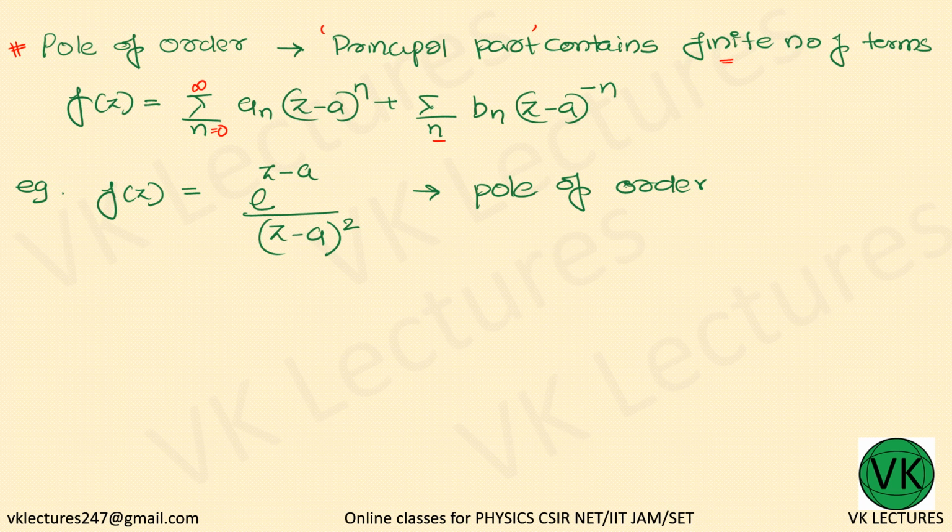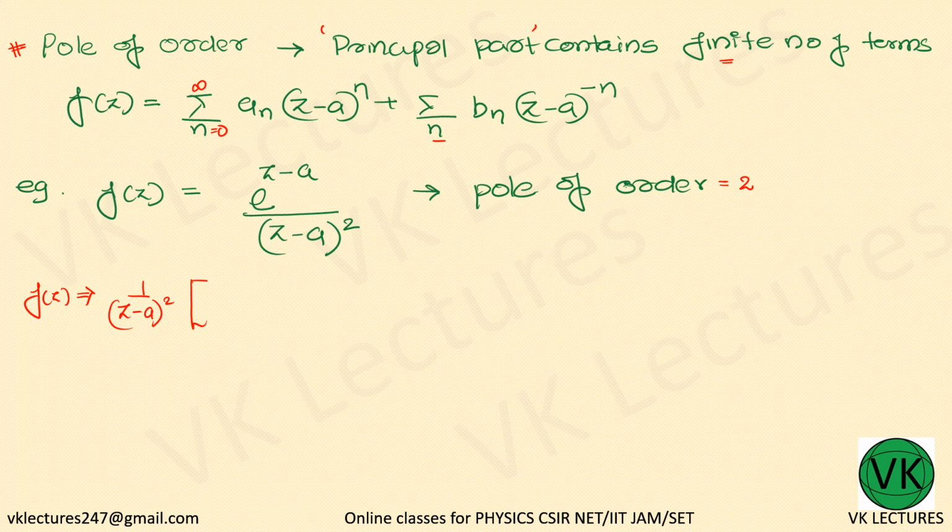Now one example is given: f of z equal to e to the power z minus a divided by z minus a squared. This is a pole of order 2. So f of z can be rewritten as 1 by z minus a squared into e to the power z minus a.